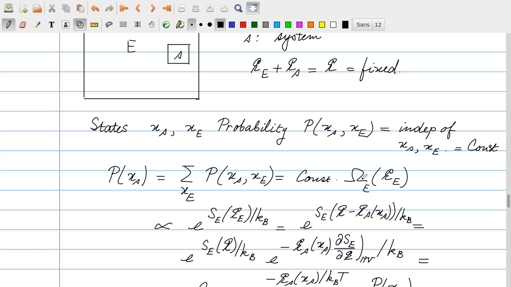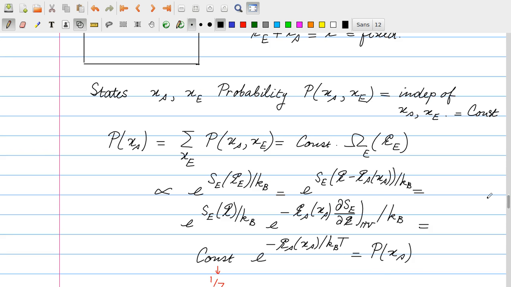The number of states accessible to the environment is denoted by omega, and that is a symbol that we have met before, because omega is related to the entropy. We know that S is k times ln omega, and if I invert that relation, I can write omega as e to the power S of the environment divided by k_B.